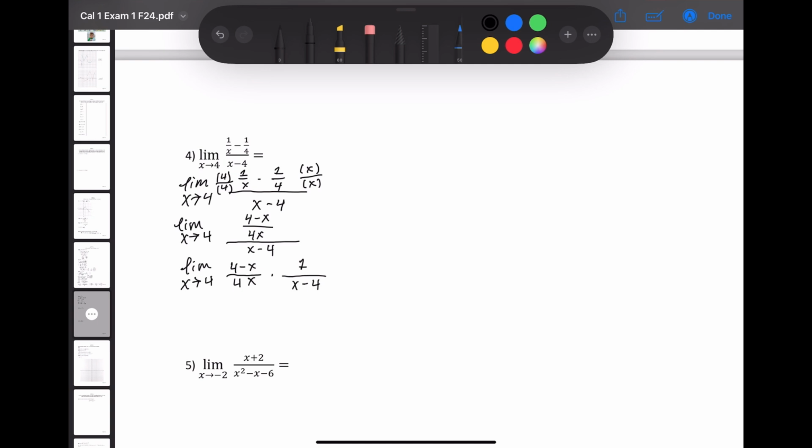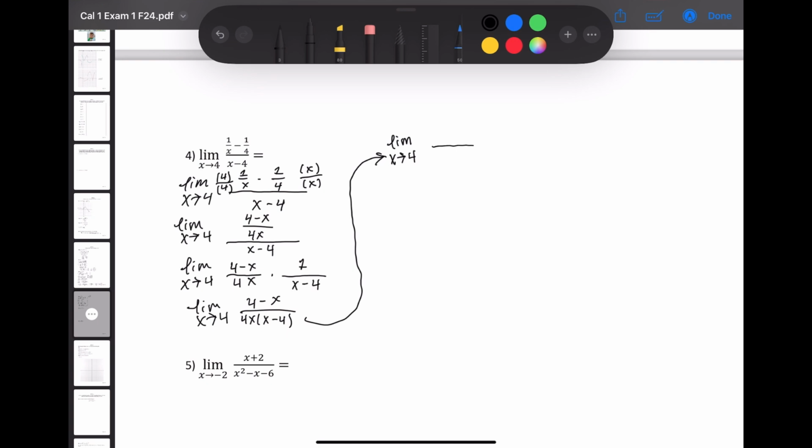So now we have, don't forget your limit, 4 minus x, and we have all that times 1 over x minus 4. Go ahead and move up here because we don't have space. So limit x approaching 4.